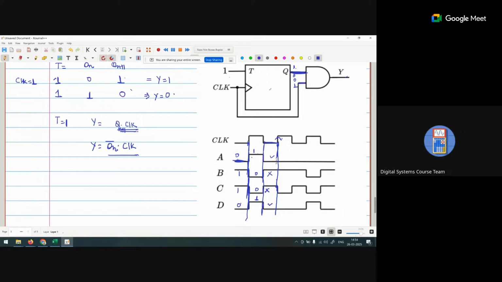Now, when the next clock pulse is applied, clock 2, A becomes a 0. So here we are getting 0. Here we are not getting 0. Here we are getting 0. And here we are getting 0.